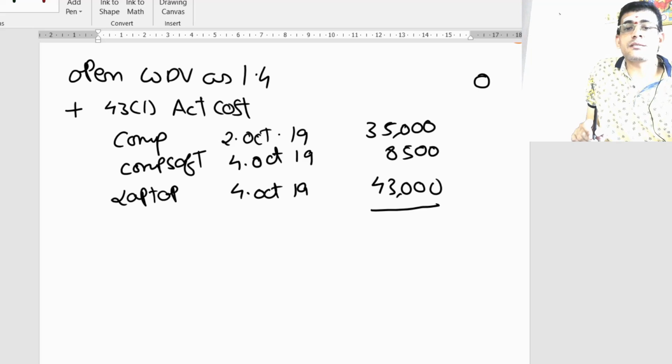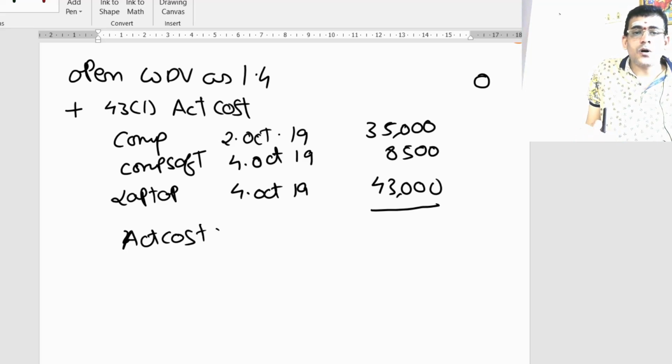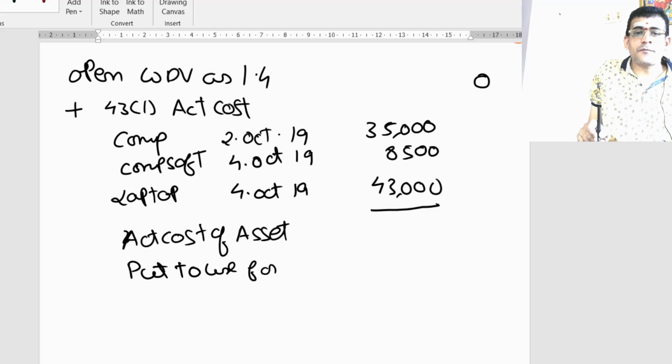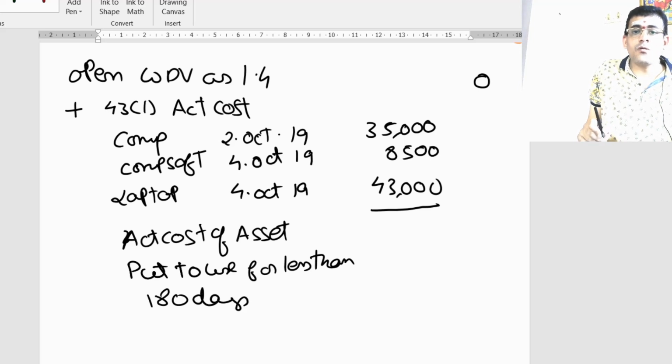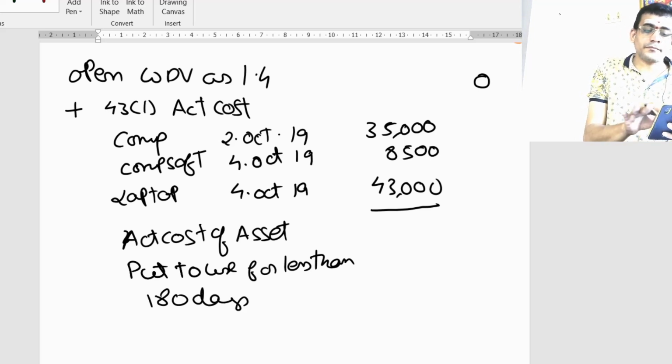So what is this total called as? This total is nothing but the actual cost of assets put to use for less than 180 days. Now let us arrive at the total of this.